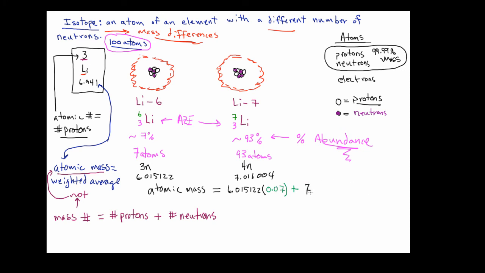So for the lithium-7, it's going to be 7.016 and change times its percent abundance, which is 0.93. And when you add this together, you should get a number that's very close to the reported atomic mass of approximately 6.941. But remember that I rounded some things here. My main point is to describe to you how we arrive at the atomic mass. All right, and with that, I'm going to go ahead and close the presentation.